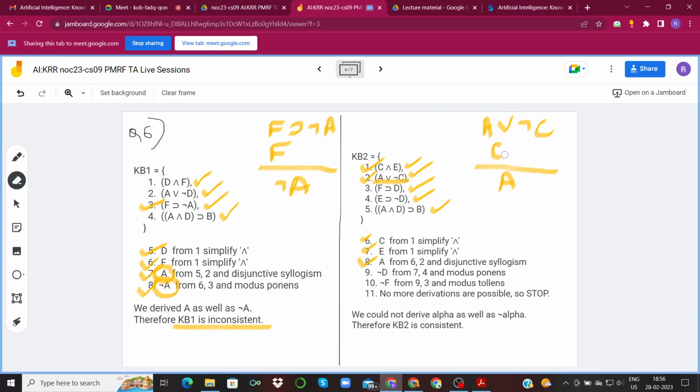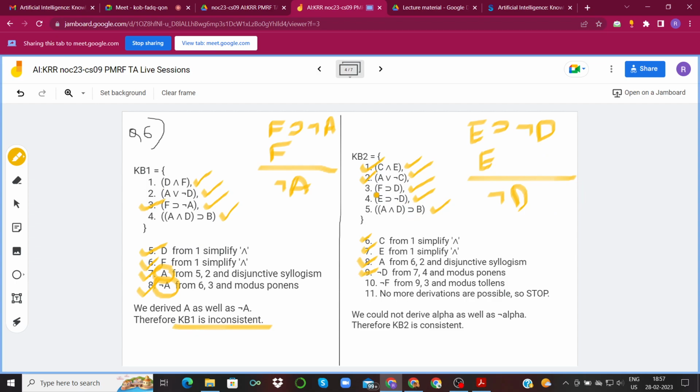Now let me just remove this and this as well. Okay, now using E and the fourth one, which is E implies not D. So we have E implies not D, and E that we derived from the first one. Using modus ponens, we can write not D, right?